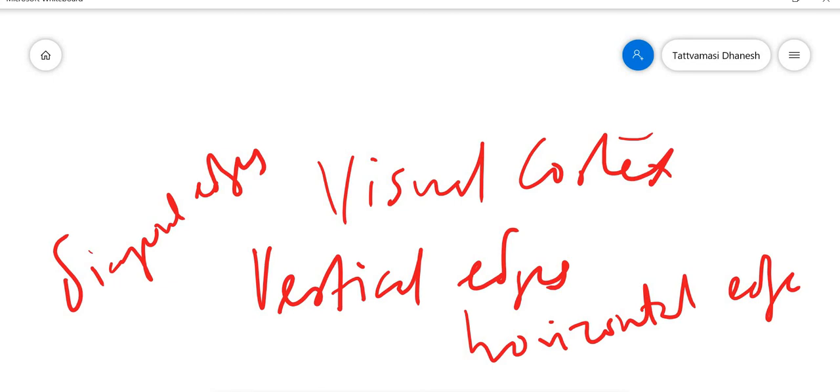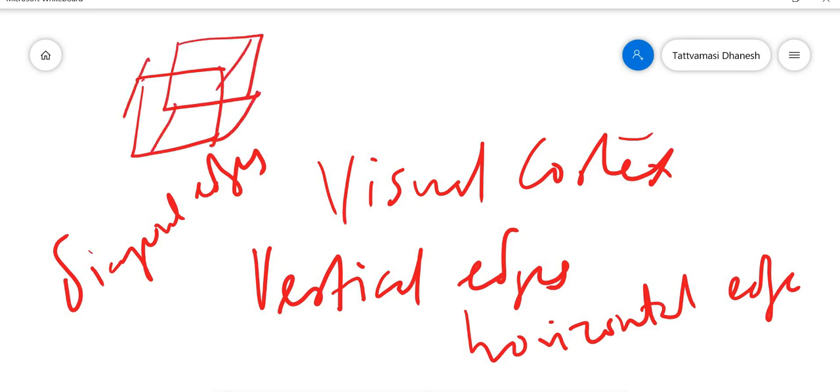It's sensitive to specific regions of the visual field. Some neurons are fired when exposed to the vertical edges of the object. For example, if you have a cube like this, our visual cortex is very much sensitive to the edges: the horizontal, the vertical, and the diagonal edges.